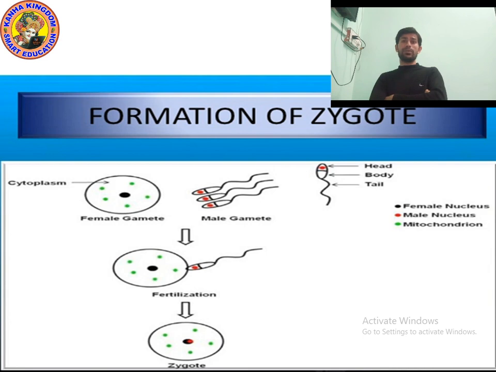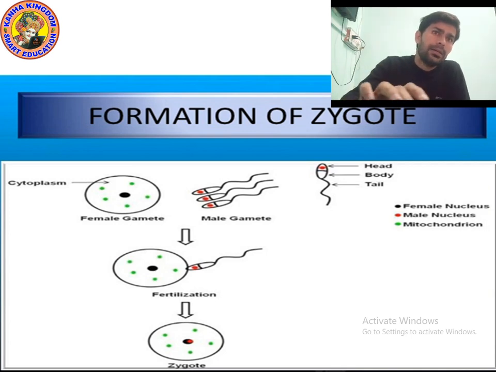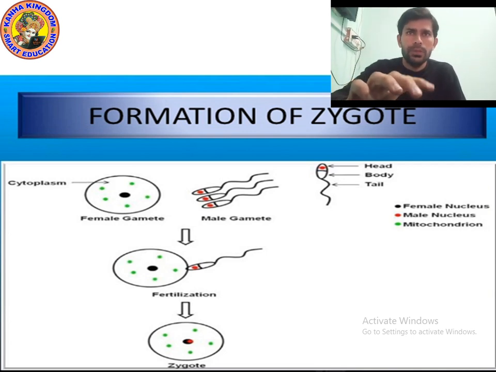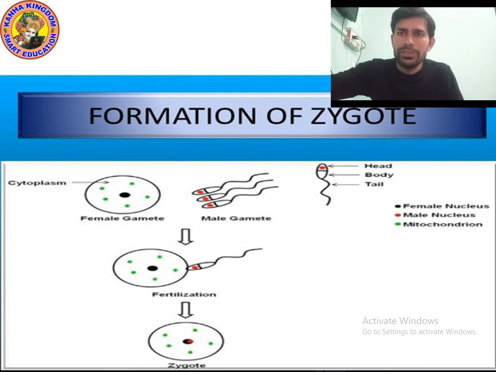Such a zygote contains DNA derived from both parents, and this provides all the genetic information necessary to form a new individual. I hope you understood. Now let's move on to the next point.